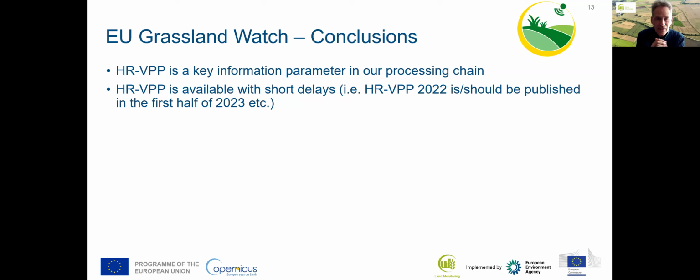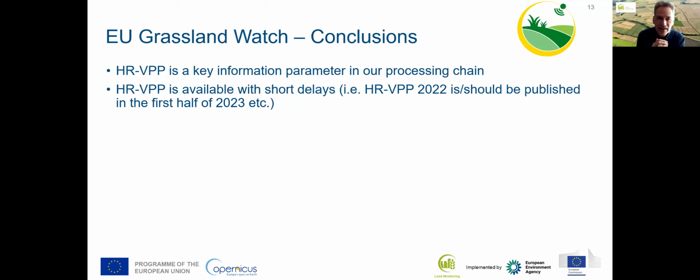And the big advantage of the data set is that it is available within very short delays. As Bruno has pointed out, the annual products are available already in March of the next year. So even though the vegetation period you look at goes until February, in March the data is available.